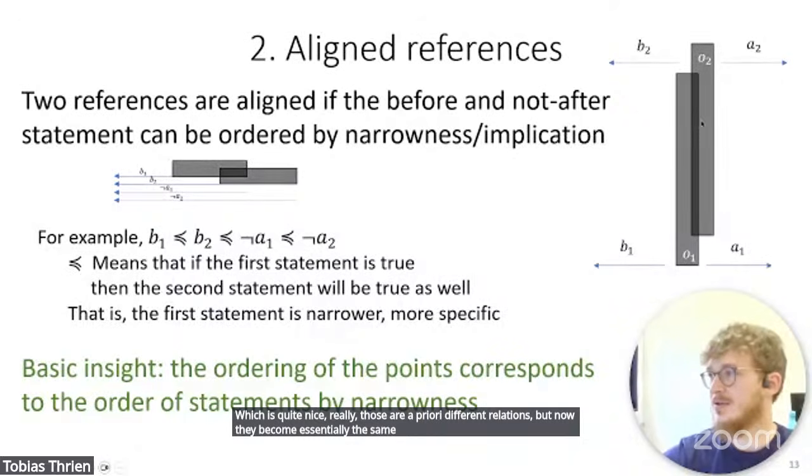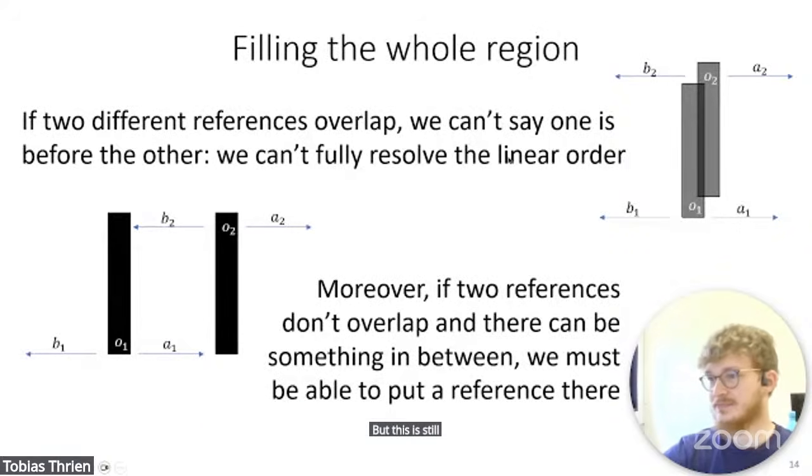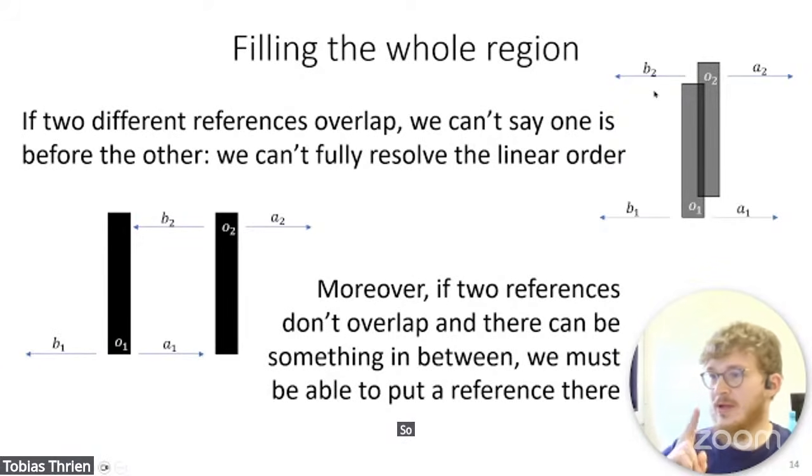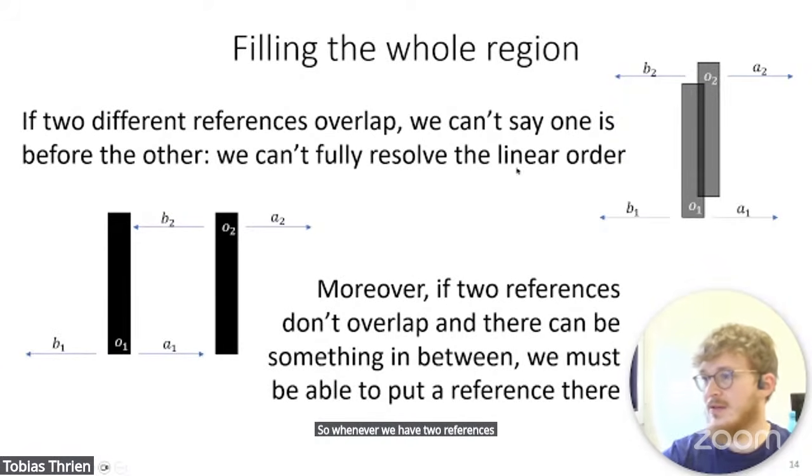So now we next assume these references in our system are aligned, but this is still not enough. We need to somehow make sure that we can fill the whole region. So whenever we have two statements that are aligned, there are in principle two cases.